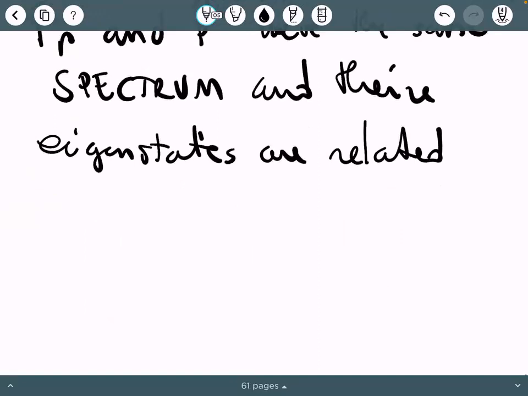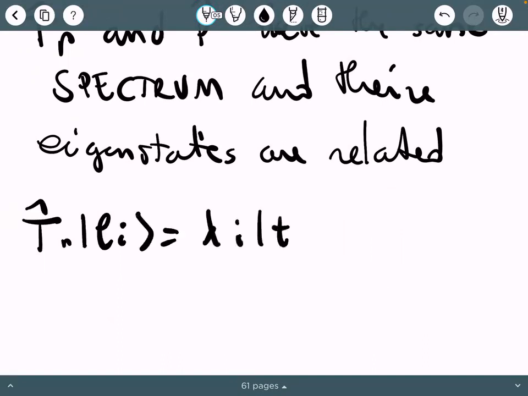How do we see that? Well, let's suppose I know the eigenstates, let me call them L_i, lambda_i, of the transfer operator, which is what we actually want to compute.